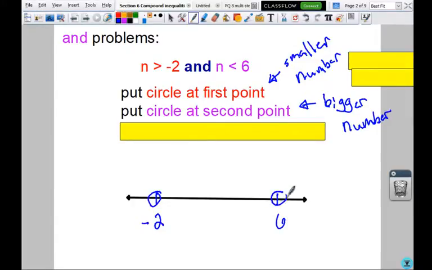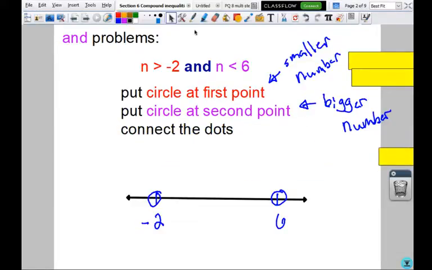I'm going to circle it, but I'm not going to fill in my circle because I don't have the extra line by n is less than 6. And with and problems, because my answer is everything between -2 and 6, I am going to connect my dots.